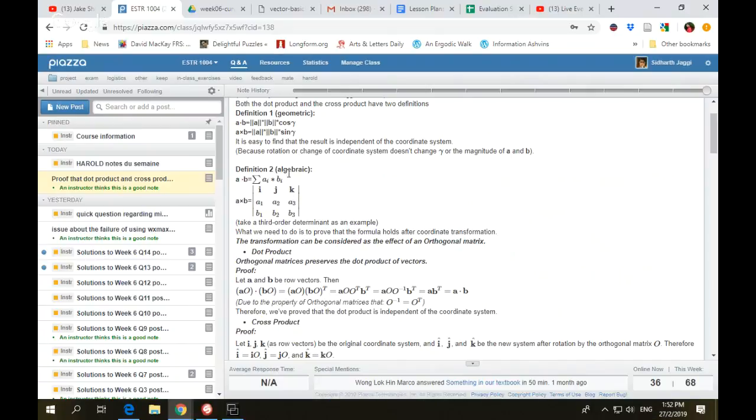But really, this determinant by itself should not make sense to you, because it is a determinant that has different types of objects, vectors and scalars, within it. So you should just view this as a shorthand notation, okay? It's a subtle point, so I just want to emphasize this.